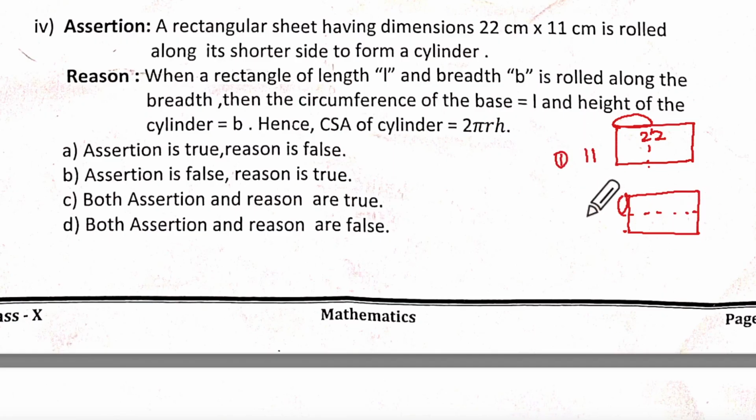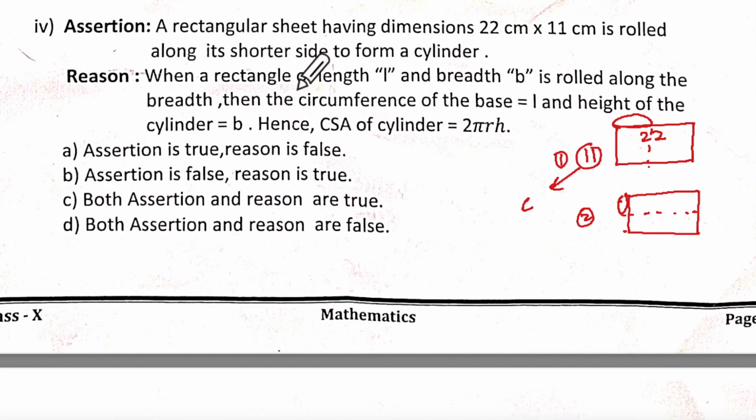Case 1 or case 2? So it is rolled along its shorter side. So shorter side will get rolled and you will get this 11 as the circumference.